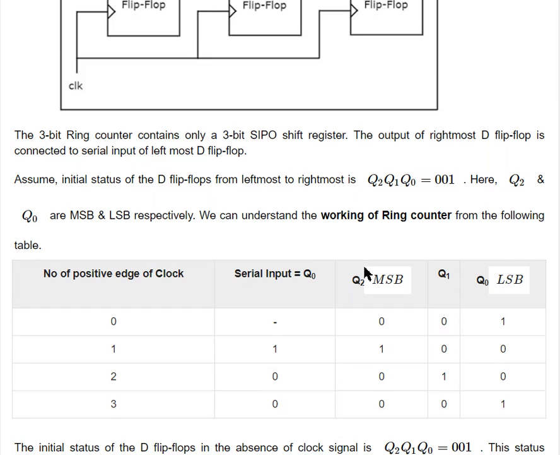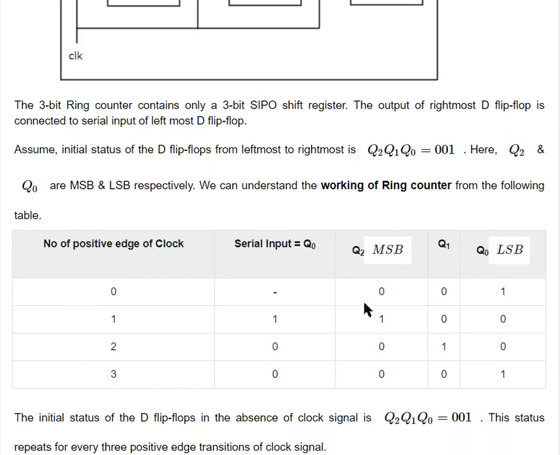So how is it going to work? Initially the value is given to you, so at the 0th clock pulse 0 0 1 is applied to the flip-flops. Now on the first clock cycle, this LSB output is passed to the MSB flip-flop.